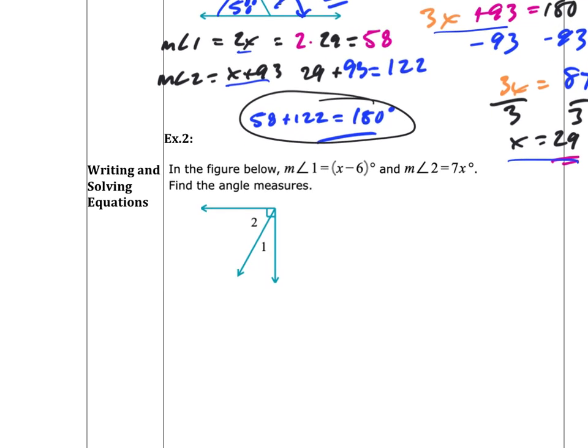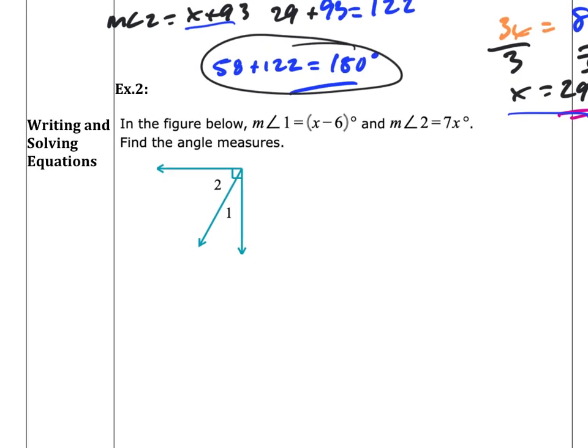Okay? So if we look at this one, remember we talked about that this right here tells us that this is a 90 degree angle. So again, we're going to set up an equation, right? You're showing that you can apply the algebra that we talked about and use logic to set up an equation and then solve, okay?